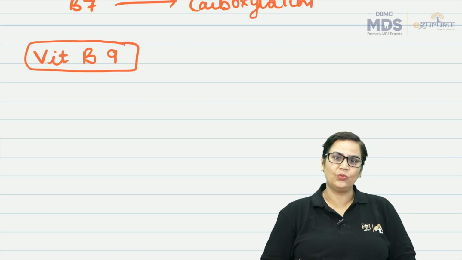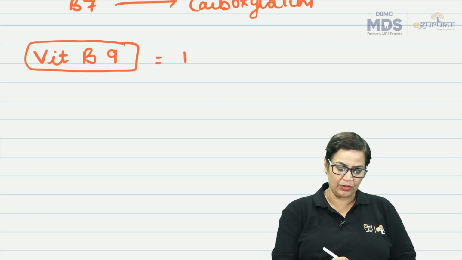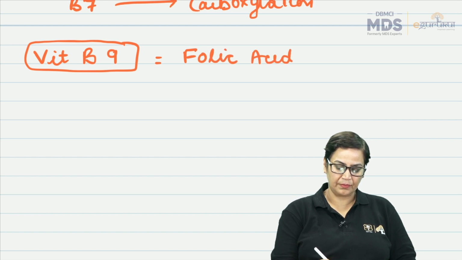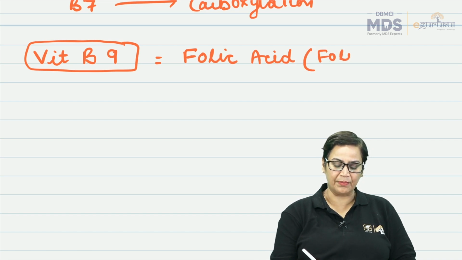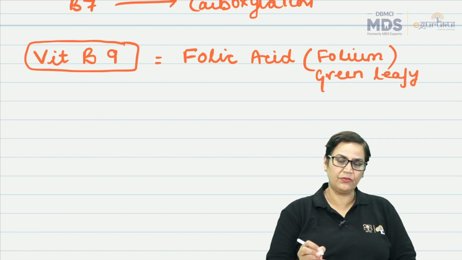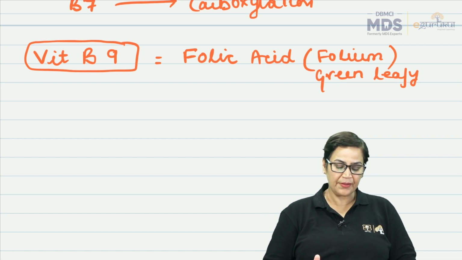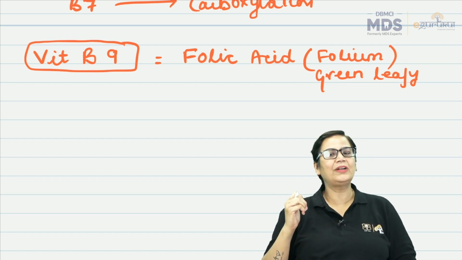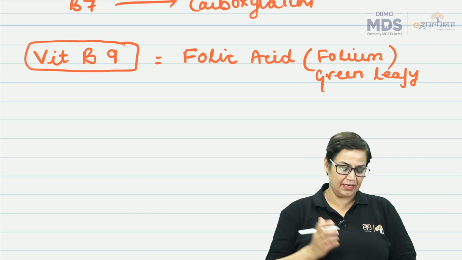Now see, this vitamin B9 is also known as folic acid, as folic acid has been derived from the word folium. Folium means green leafy vegetables. Okay. Now again, what is the active form of folic acid?